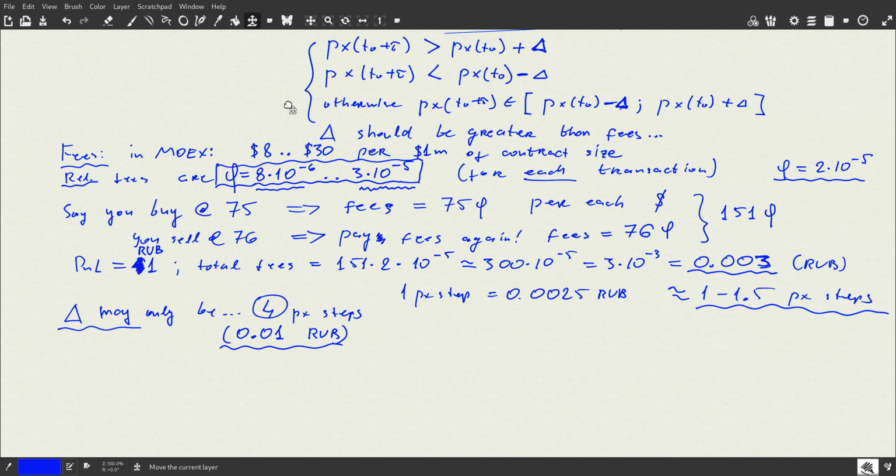So we'll be predicting whether the price is going to be the current price plus 1 ruble, the current price minus 1 ruble, or we should use very small deltas, like in the latter case, delta is only 4 price steps, and in this case, it is 100 times smaller. Actually, it is only 0.01 rubles. So, what do you think?